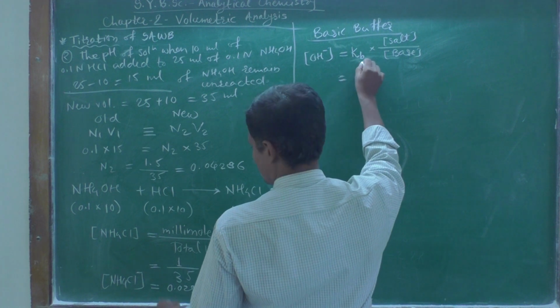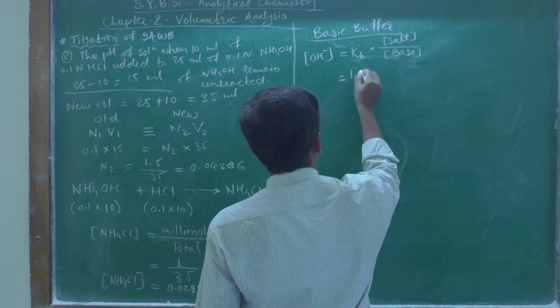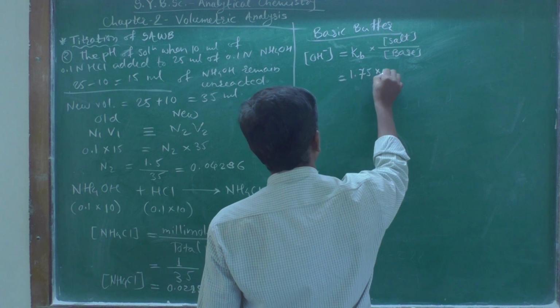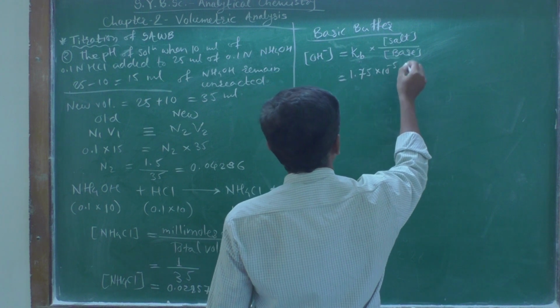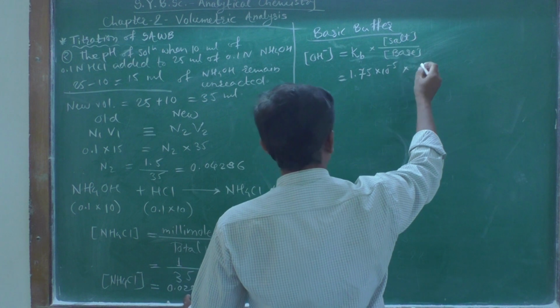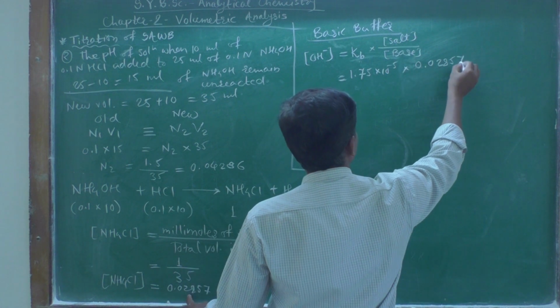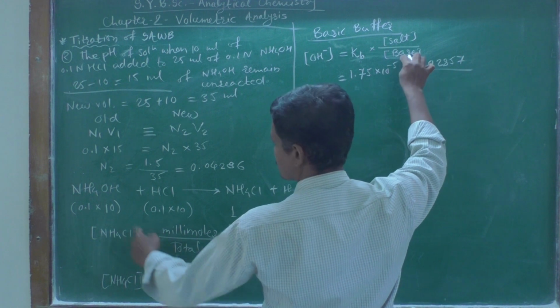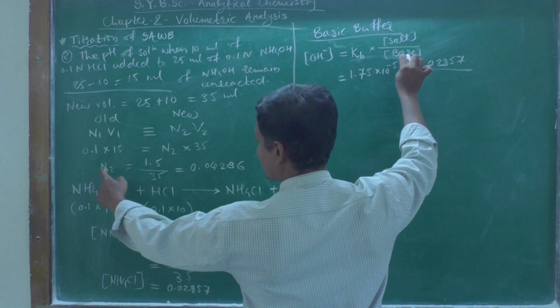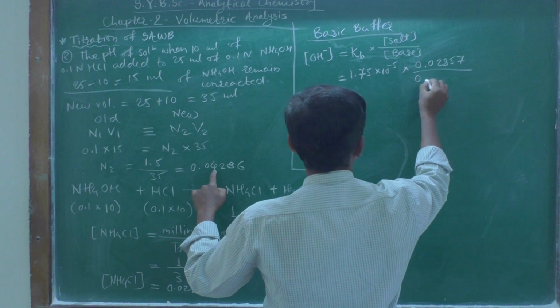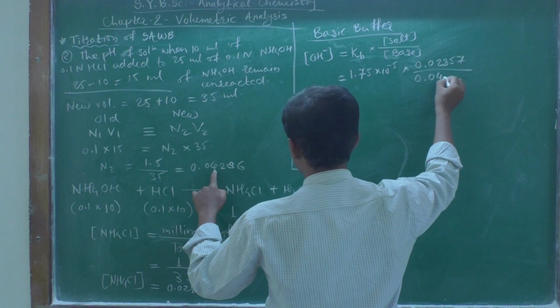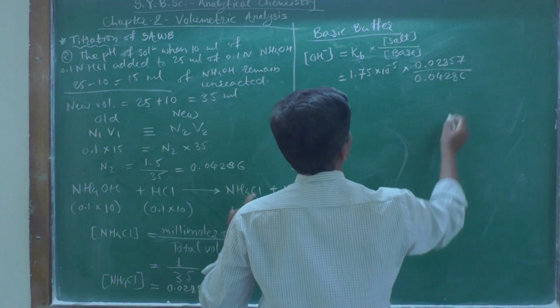Now what is Kb? We know that Kb is 1.75 into 10 raised to minus 5 into the concentration of salt, which is 0.2857, divided by the concentration of base that we have calculated, which is 0.4286.